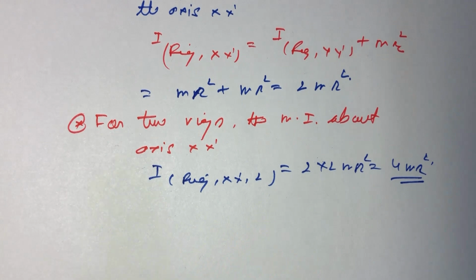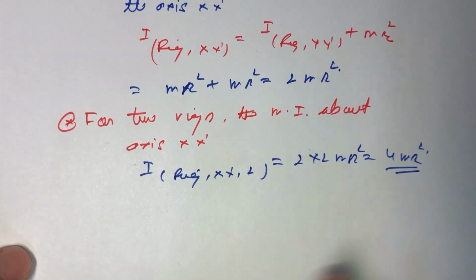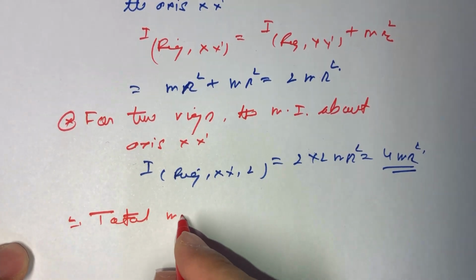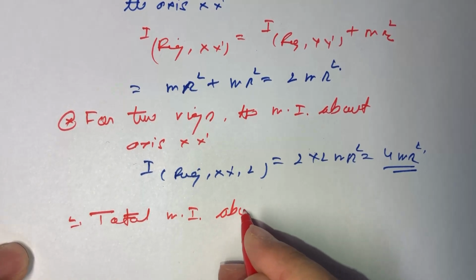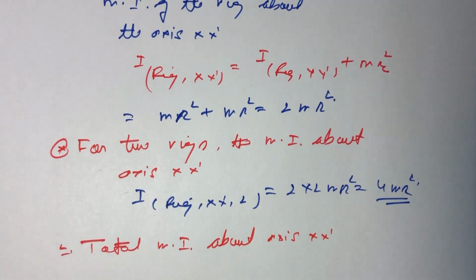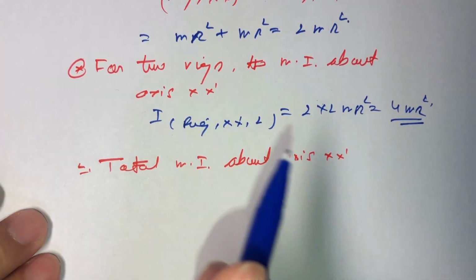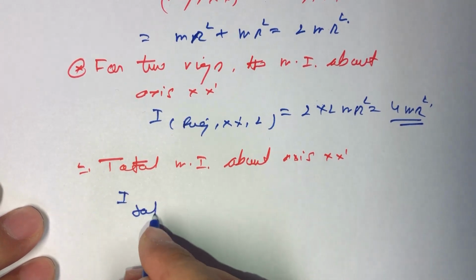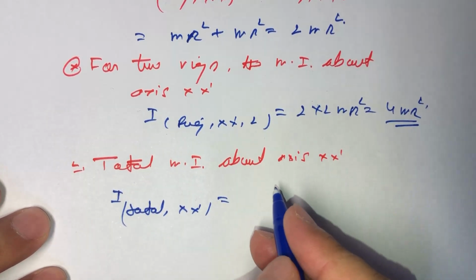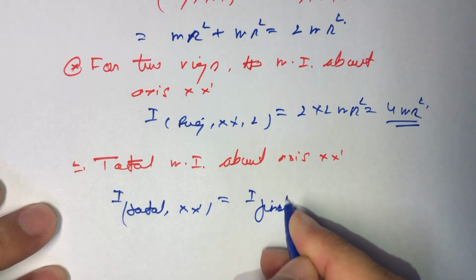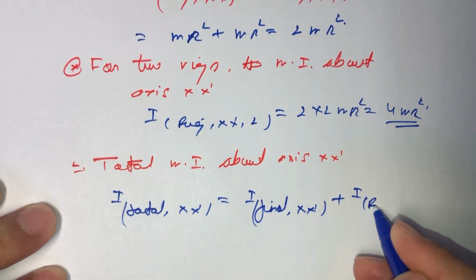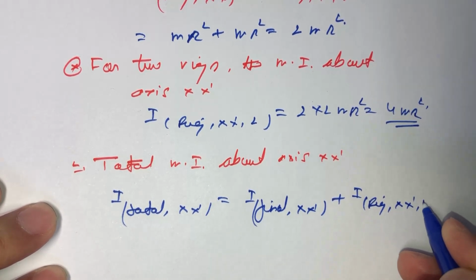So for the final condition, the total moment of inertia about axis x prime, let us suppose that is given as I total about axis x prime, will be equal to what we have for the disk plus for the rings, for both of them.